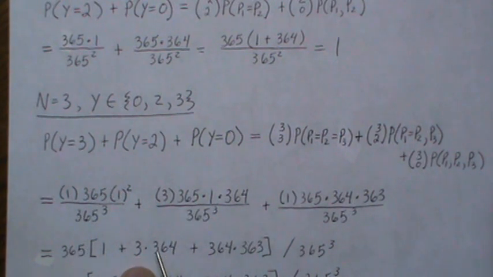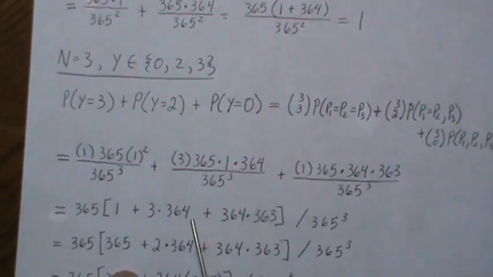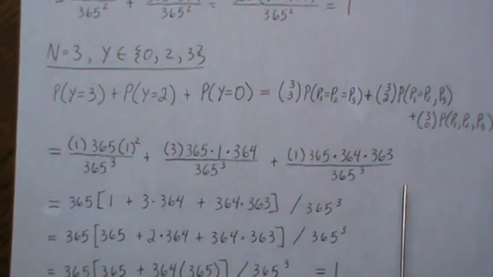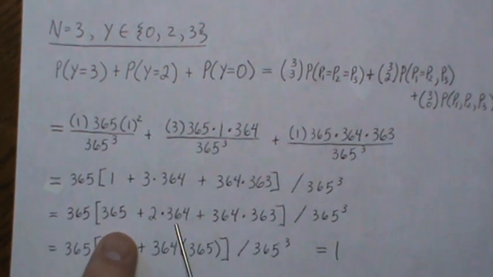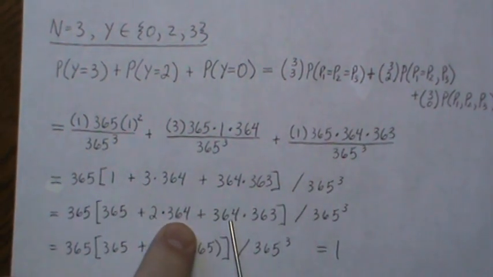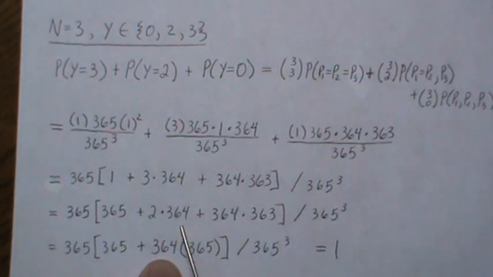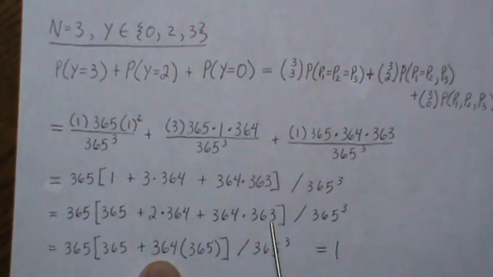So let's take one of those and add it with this and then leave the other 2 the same, right? So that's what we do here. So take one of those, add it, and we're left with 2, and here it just comes down, of course, divided by that. Now, over here, let's factor out a 364, right? And then that leaves 2 plus 363, which is 365.